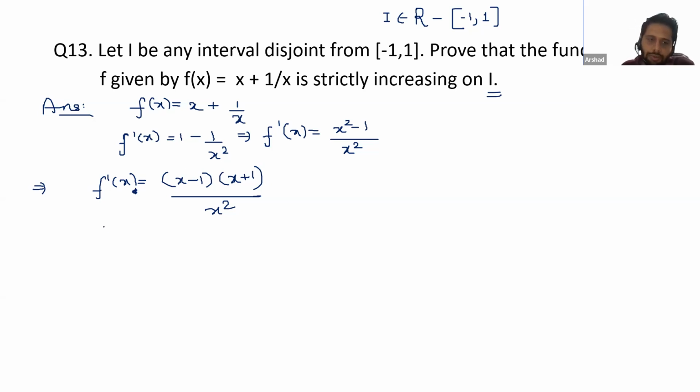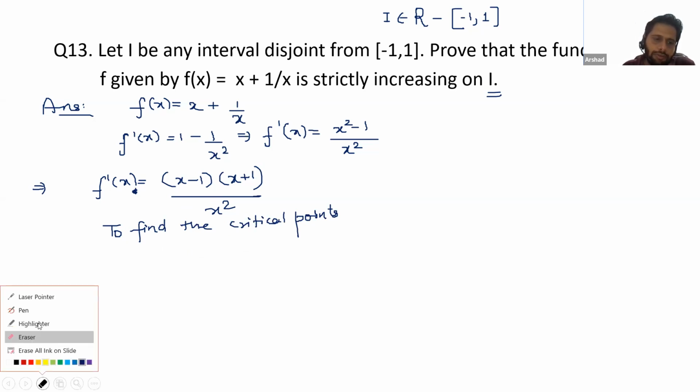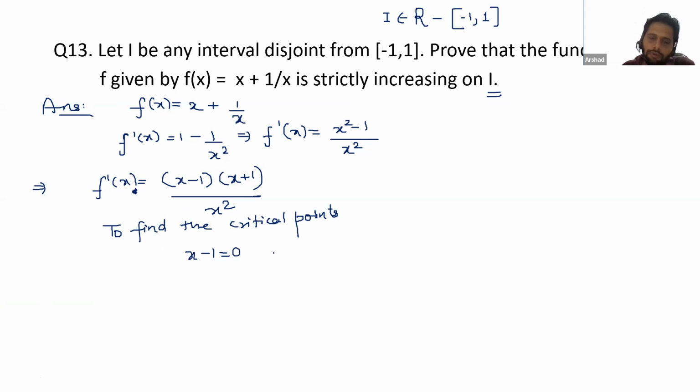To find the critical points, equate x minus 1 equal to 0, x plus 1 equal to 0, and x squared equal to 0.